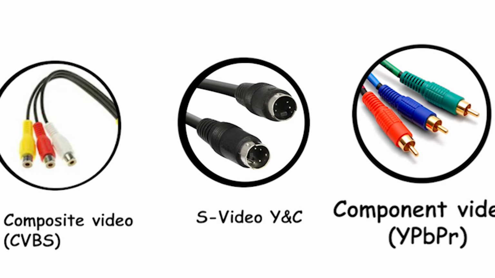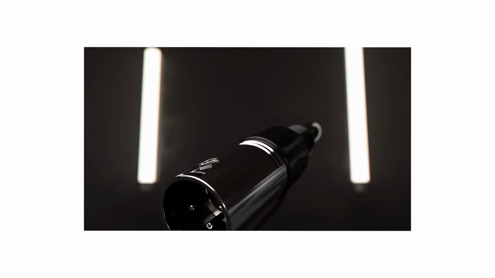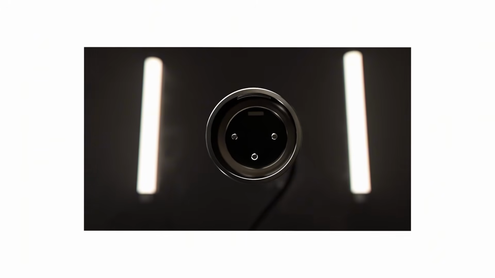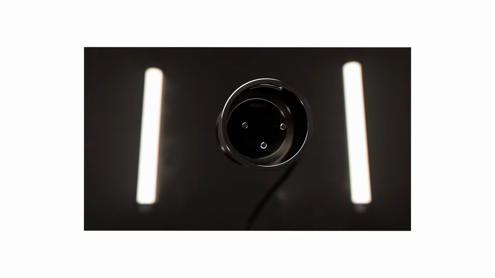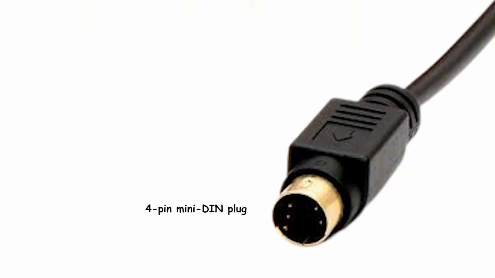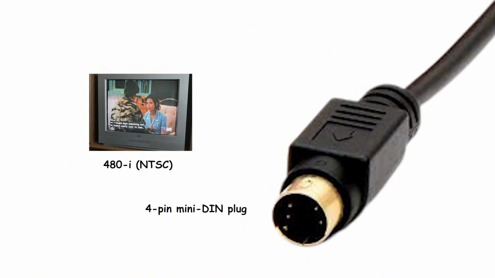S-Video, Y/C, separates the picture into Y (luminance, brightness plus sync) and C (chrominance, color), sent over a 4-pin mini-DIN plug. It is standard definition only, typically 480i NTSC or 576i PAL and SECAM.